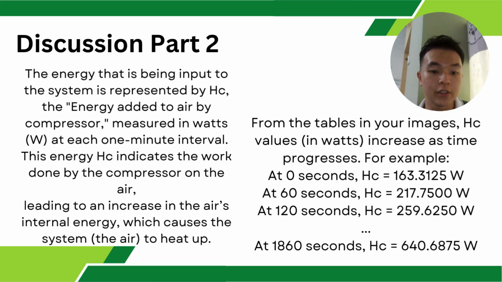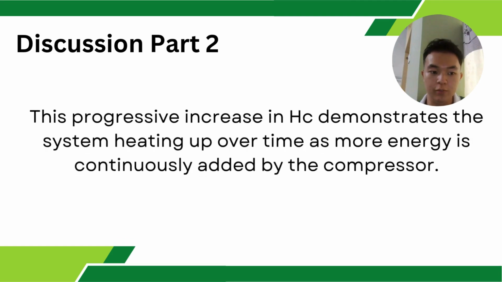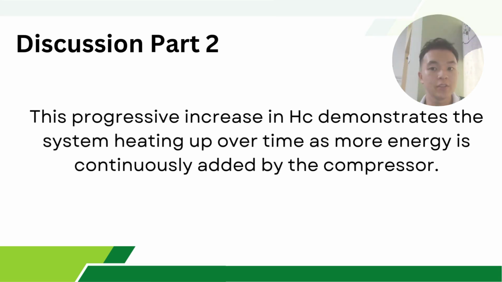At the end, at 1860 seconds, Hc is 640 watts, which is an increase. This shows that the progressive increase in Hc demonstrates the system heating up over time as more energy is continuously added by the compressor.